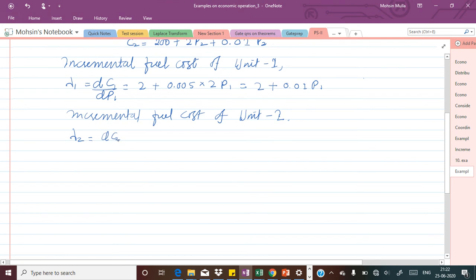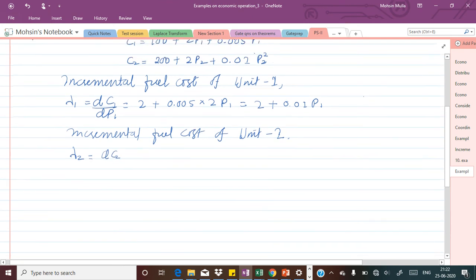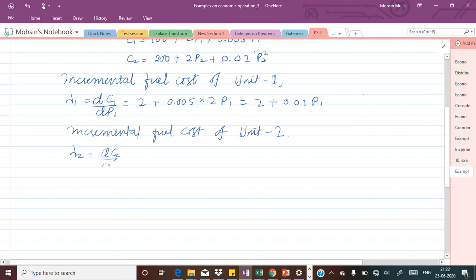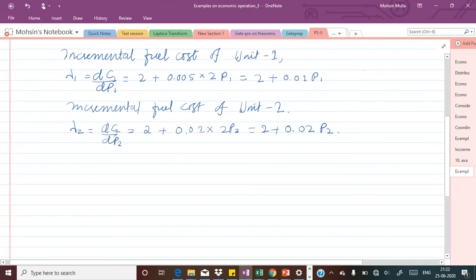Differentiating the cost equation of the second plant with respect to the plant output P2, the constant 200 differentiates to 0, 2 P2 differentiates to just 2, and the differentiation of 0.01 into P2 square is 0.01 into 2 P2. This can be written as 2 plus 0.02 P2. So these are the two incremental cost equations.